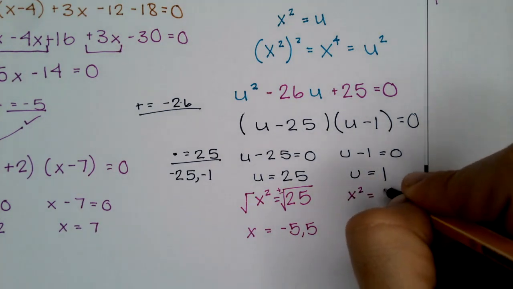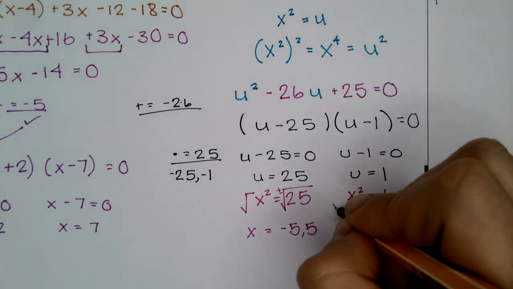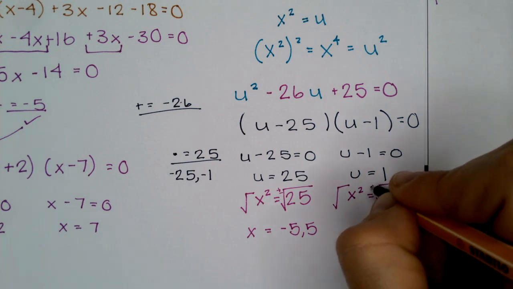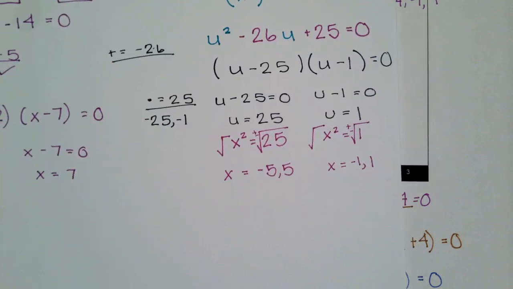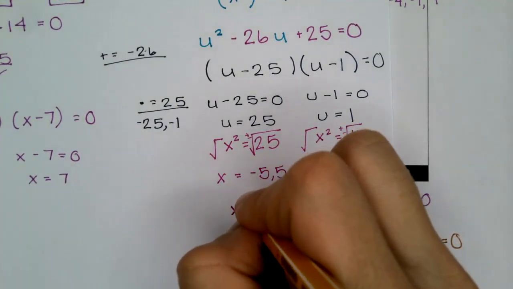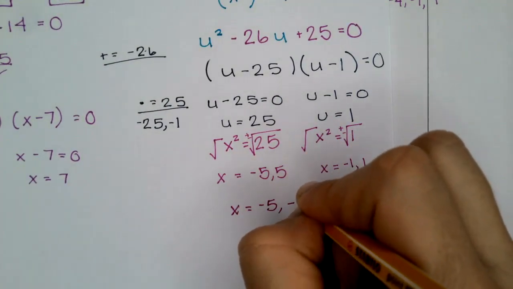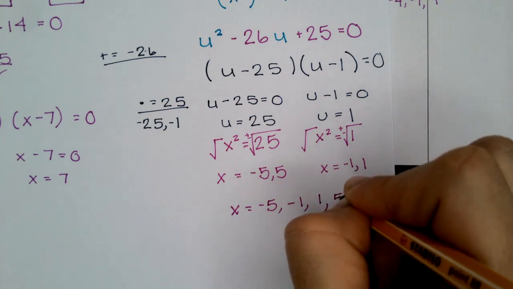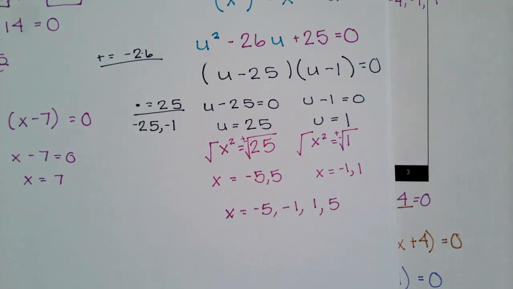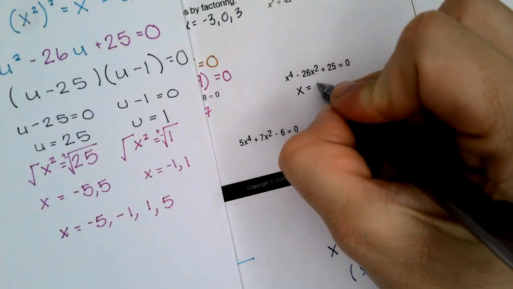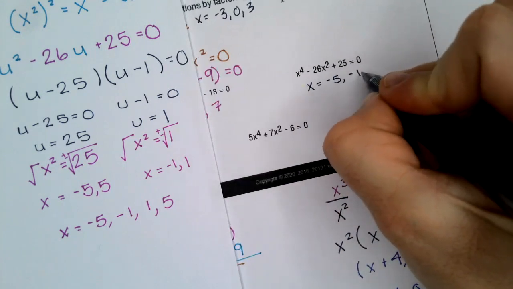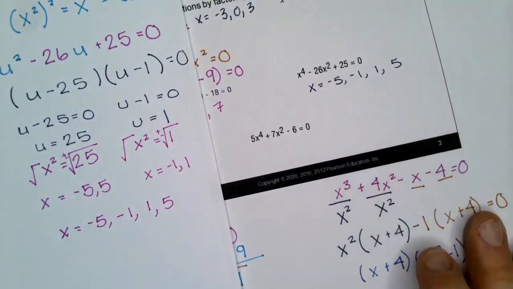X squared is 1. X is negative 1 and 1. So my 4 answers are x is negative 5, negative 1, 1, and 5. Right? Let's do one more of those, shall we? So this one was x is negative 5, negative 1, 1, positive 5.